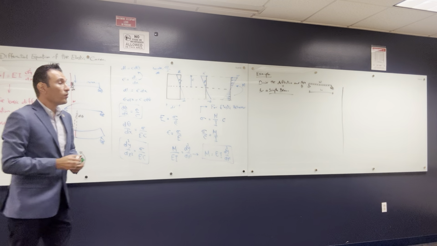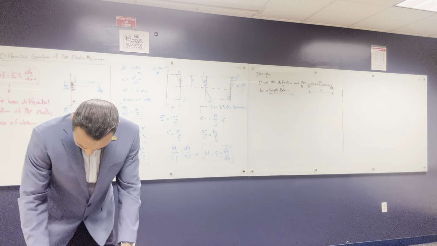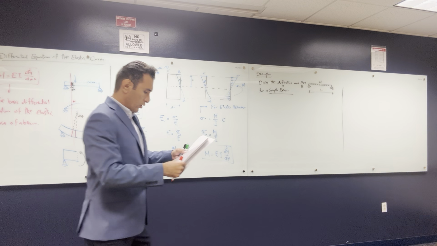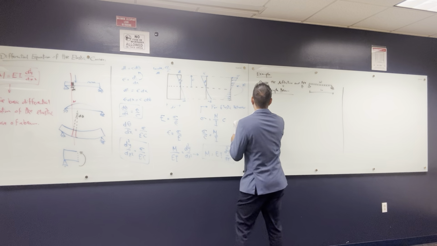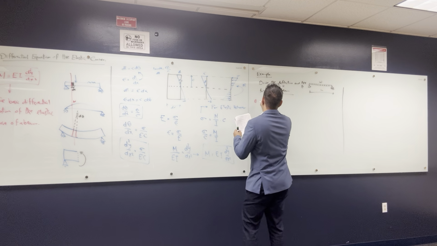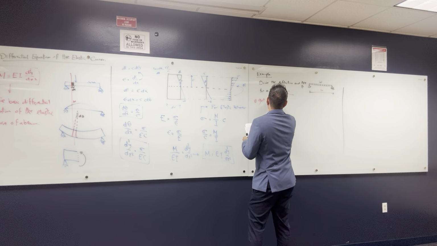All right, to solve this, I give you some steps to do it. Let me write the steps actually. Number 1, get the moment as a function of the beam load.